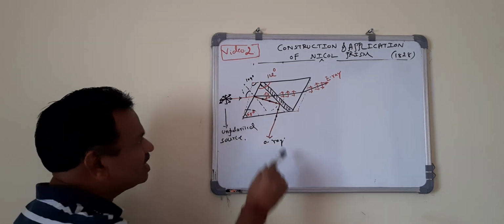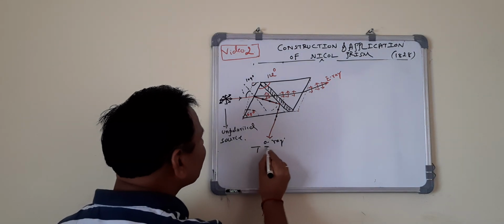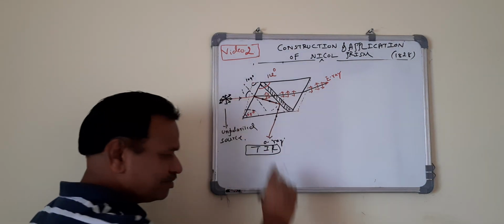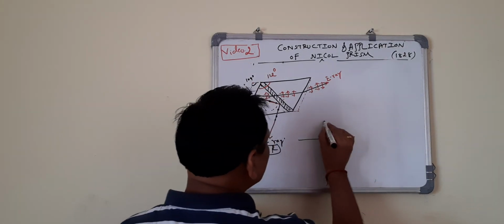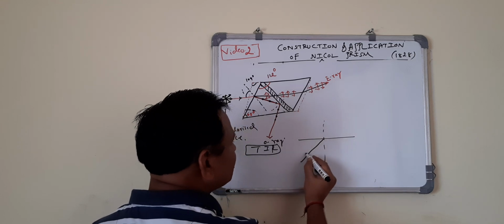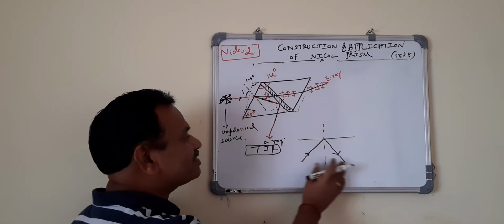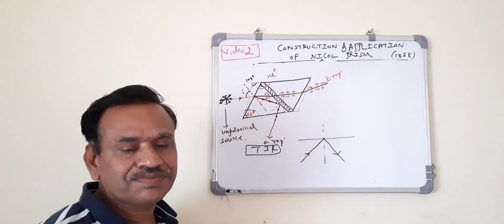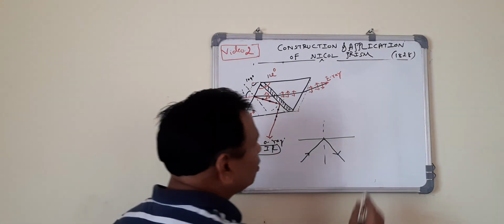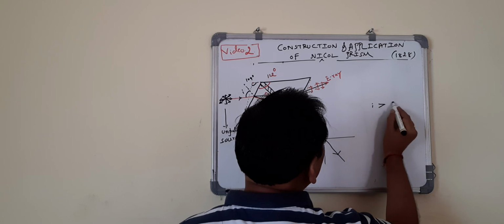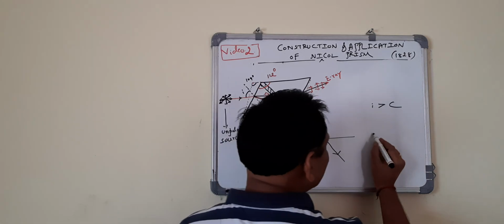You know that this ray will undergo total internal reflection. Suppose the light is incident on it, then this light is reflected back into the same medium. To get total internal reflection, you know that the angle of incidence should be greater than the critical angle. What is the critical angle?